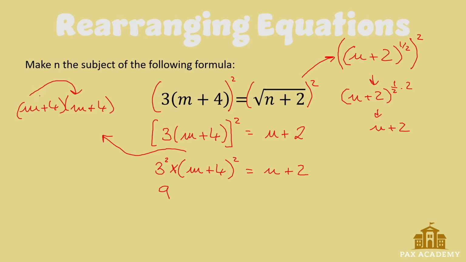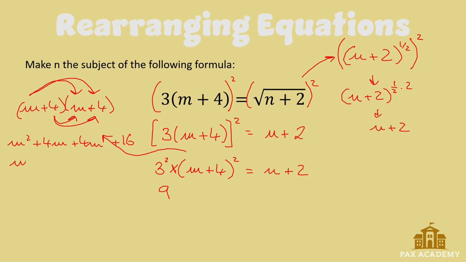So first, we multiply the first term by each term inside the second bracket, and the second term by each term inside the second bracket. So we have m times m, m squared, m times 4, plus 4m, plus 4 times m, plus 4m, plus 4 times 4, which is 16, plus 16. Okay.